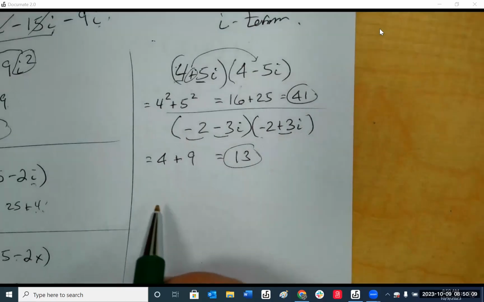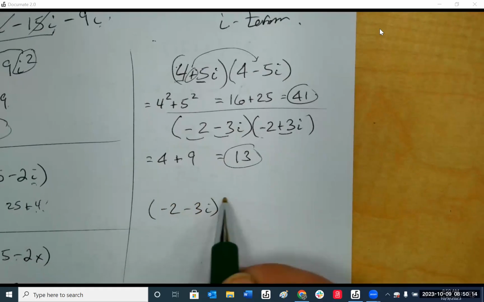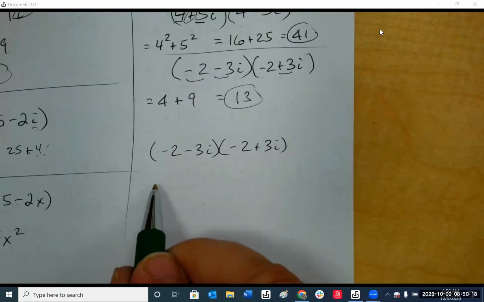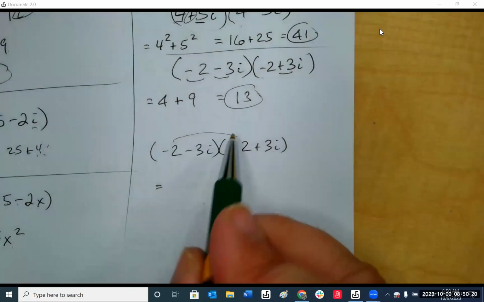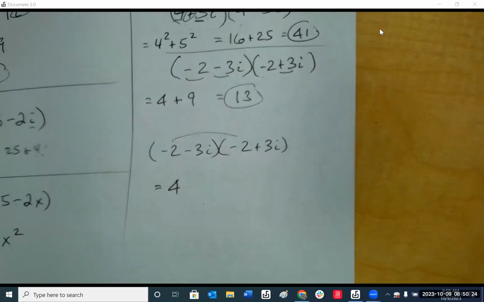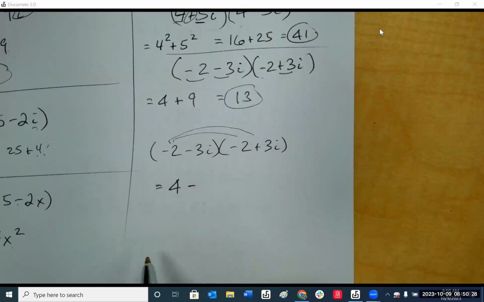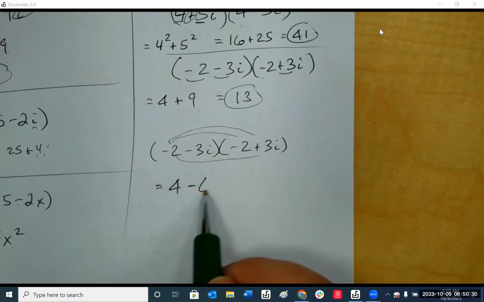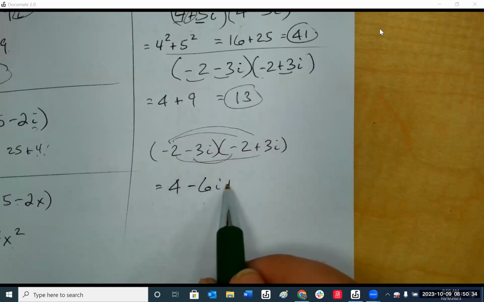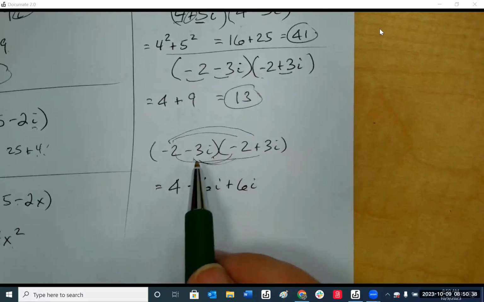Because if you're going to do the long way, -2 times -2 is +4. Negative times negative is a positive. Negative times positive is a negative. 2 times 3 is 6i. Negative times negative is a positive. 3 times 2 is 6i.